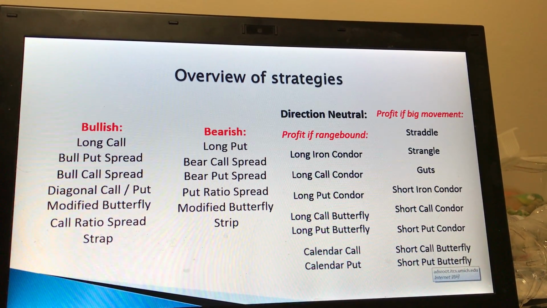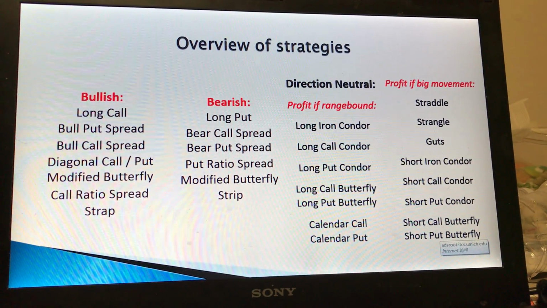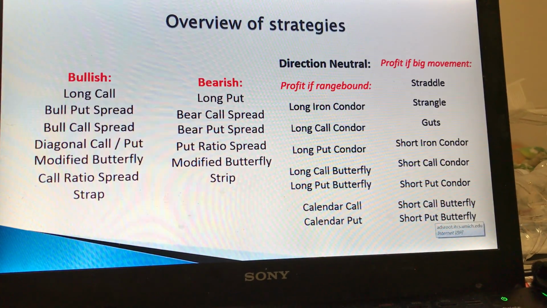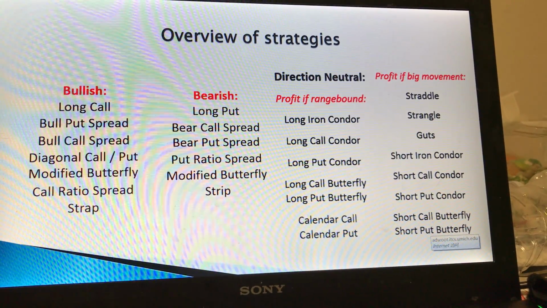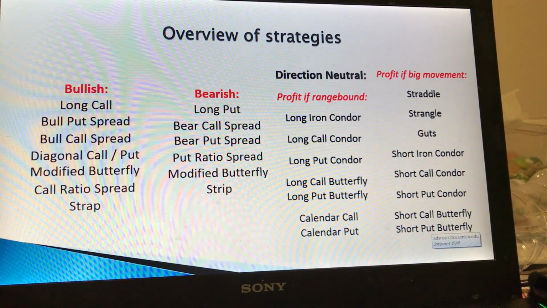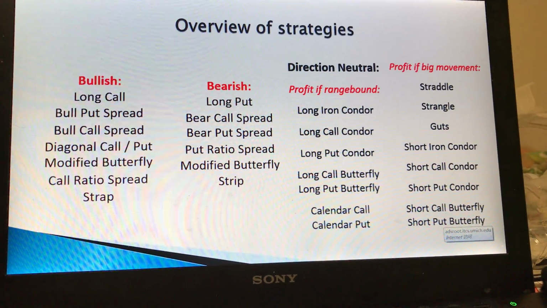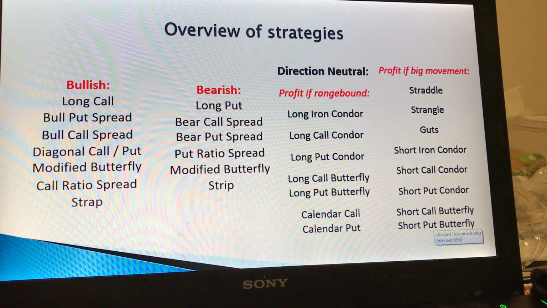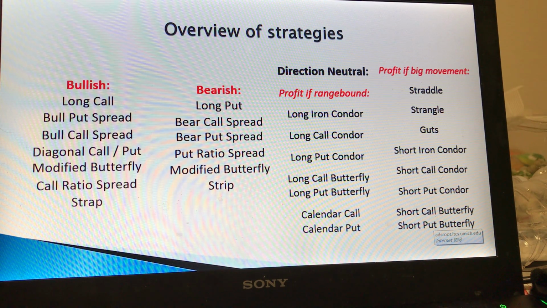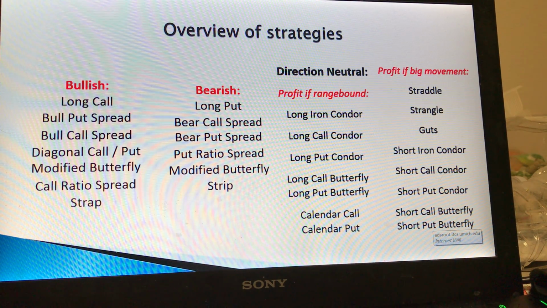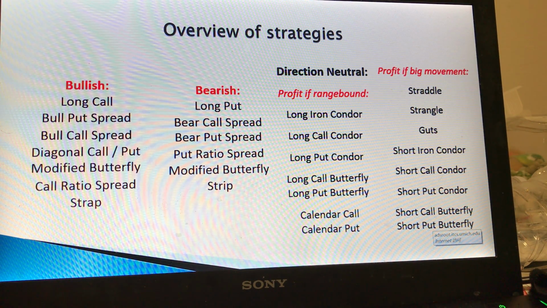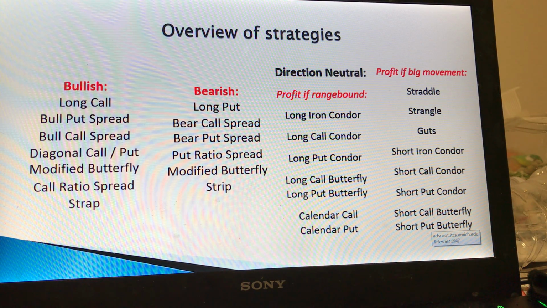And direction neutral strategies. For direction neutral strategies, we have two kinds. In one of them, we can profit if the underlying stock is bounded to a range, such as a long iron condor, long call condor, long put condor, long call butterfly, and long put butterfly, which should be pretty familiar to everyone.